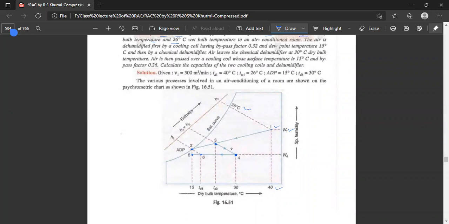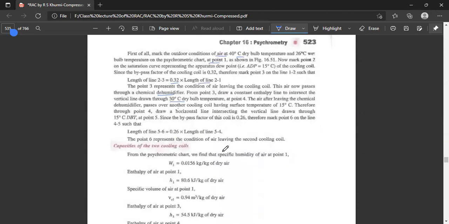It is given on the enthalpy line if you drop a vertical from point 1 to the enthalpy line. That is 80.6. The specific volume of air at point 1 is also available from the psychrometric chart, equal to VS1, 0.94 cubic meter per kg.